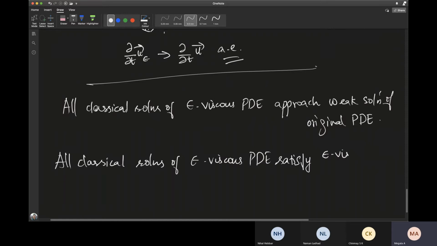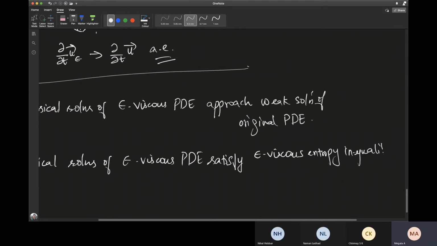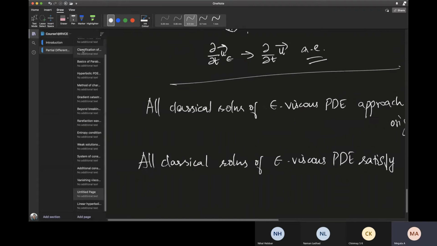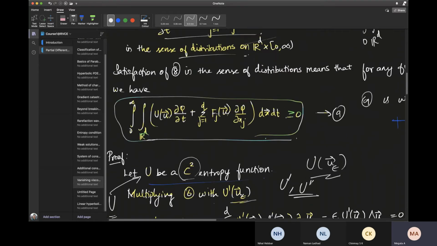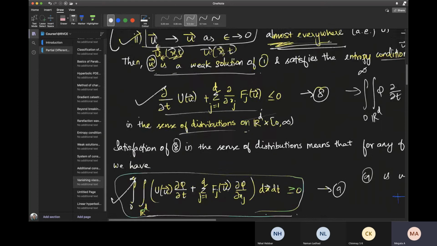I'll call it the epsilon viscous entropy inequality, which is this one, equation 8, and the weak form of it is, sorry.